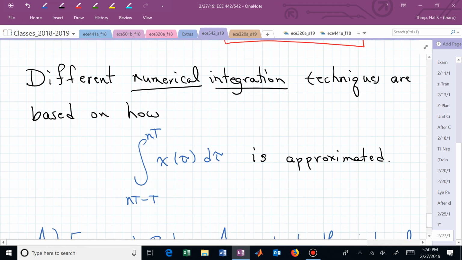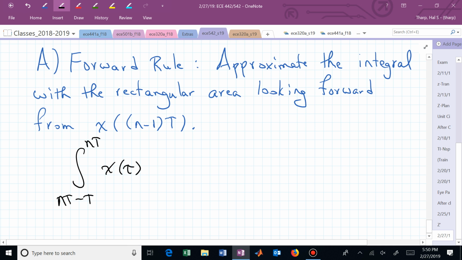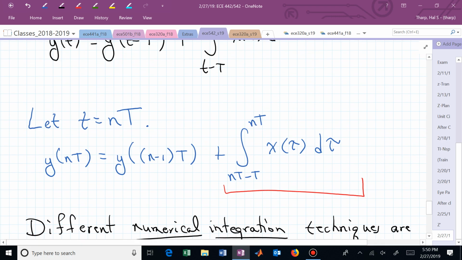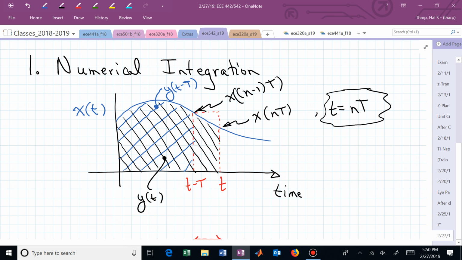That allows us now to write it as follows. We have this integral from nT minus T to nT of x of tau d tau. If we're approximating it in that way, what's the area of that rectangle? It's just length times width, or width times height in this case.